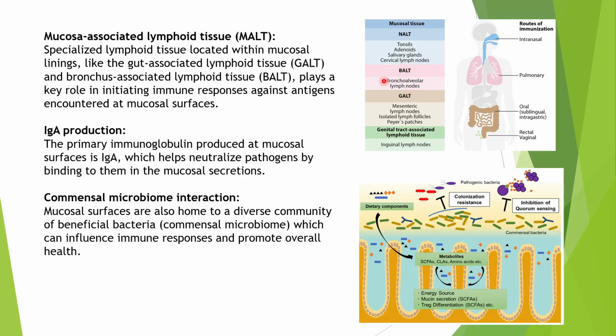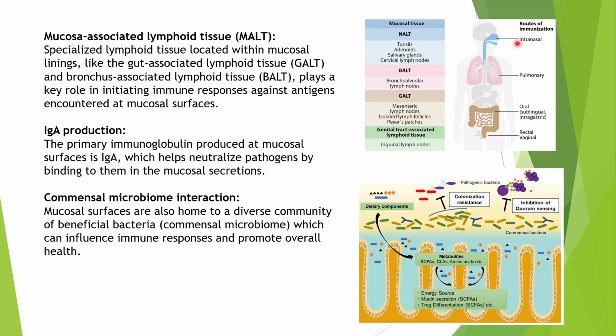Then your BALT, which is for your lungs, that is bronchoalveolar, and for the lymph nodes present in that region. Then your GALT, that is your mesenteric lymph nodes, lymph follicles, the Peyer's patches of your intestines and stomach lining, and then genital tract associated lymphoid tissue, inguinal lymph nodes.